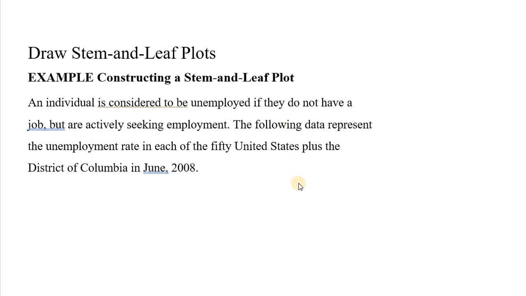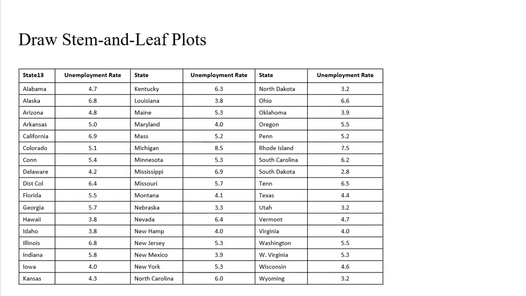Let's look at this example. An individual is considered to be unemployed if they don't have a job but are actively seeking employment. The following data represents the unemployment rate in each of the 50 states of the United States plus the District of Columbia in June 2008. And that is our data right here.